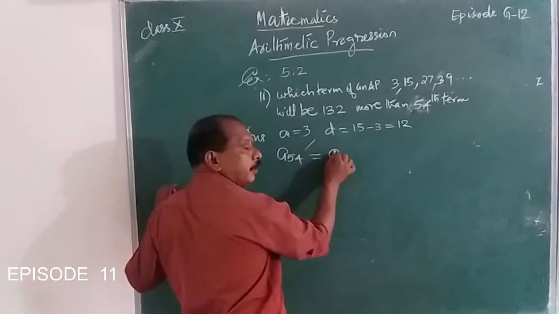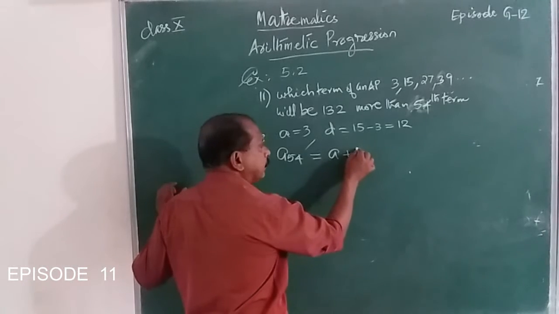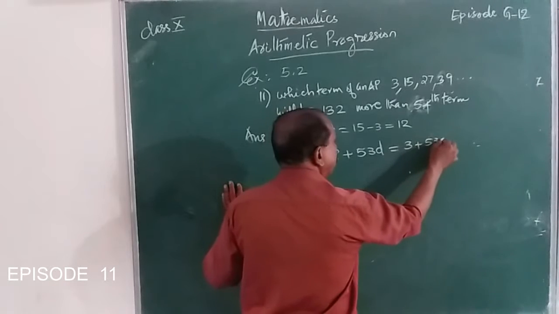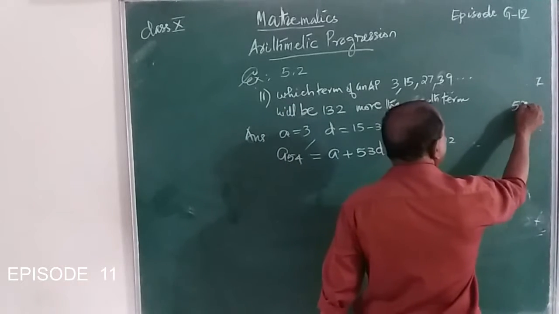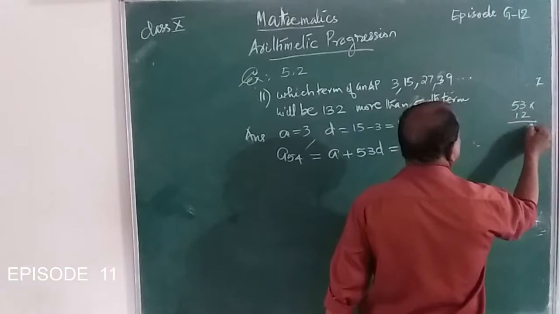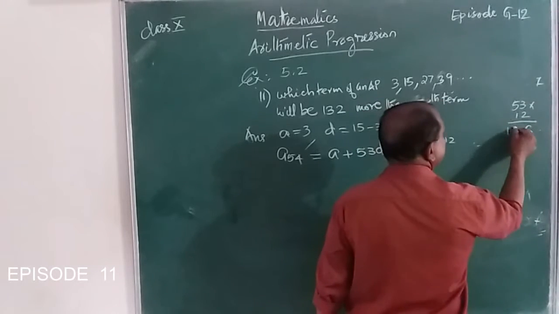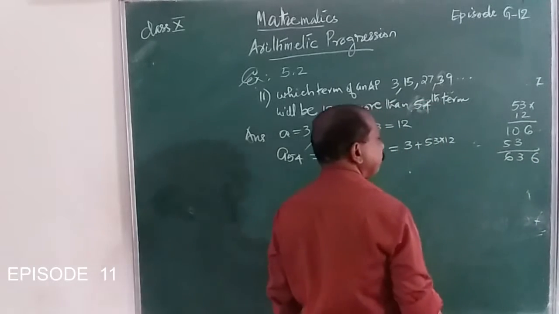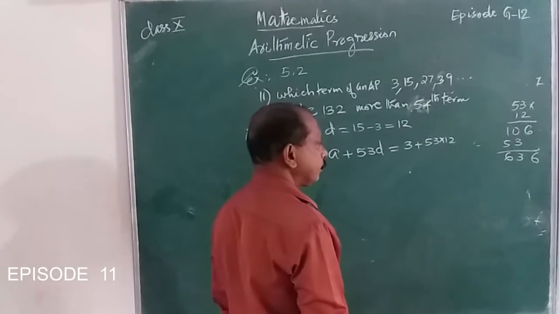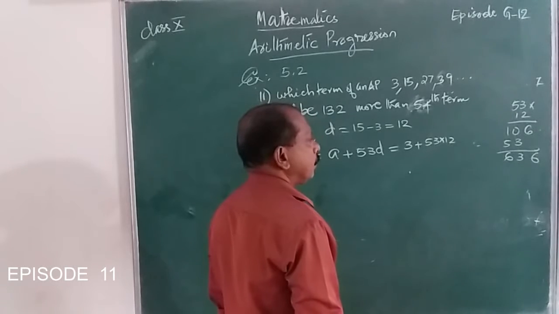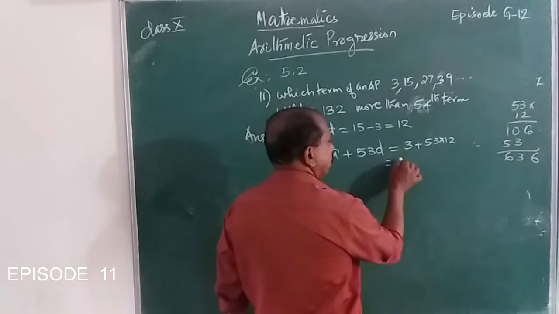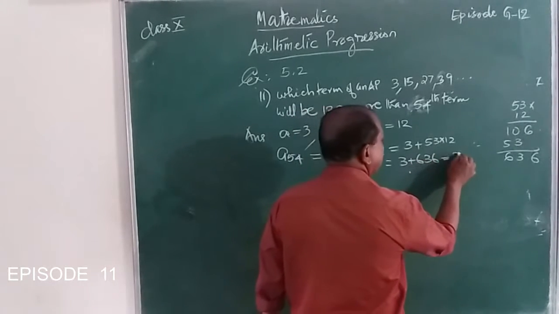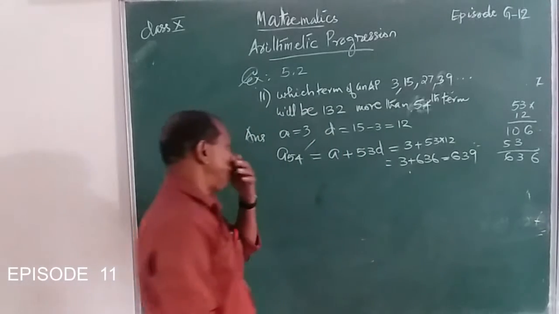What is it? a54 is equal to a plus 53d, which is 3 plus 53 into 12, that is 3 plus 636, which is equal to 639. That is the 54th term.